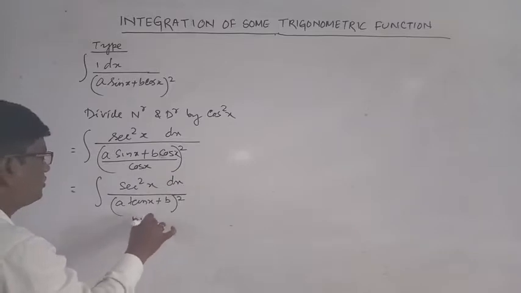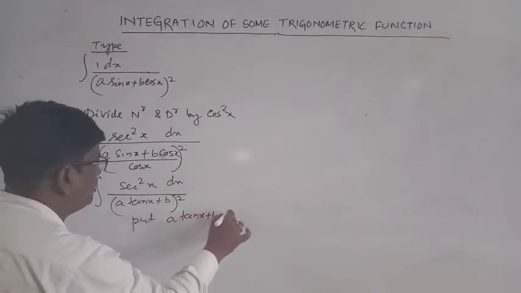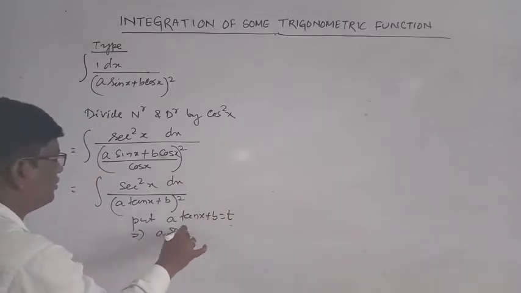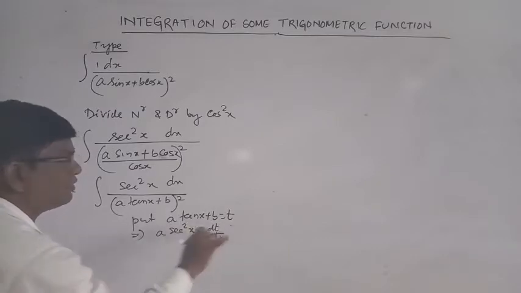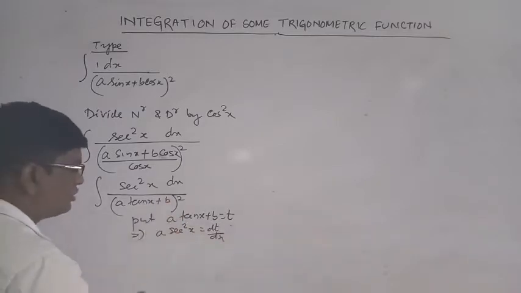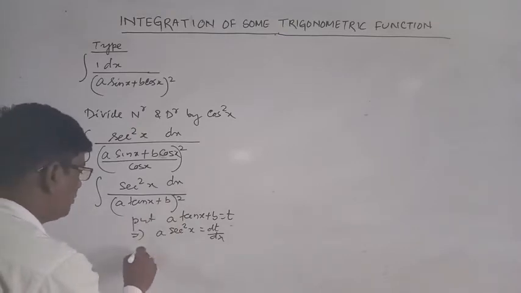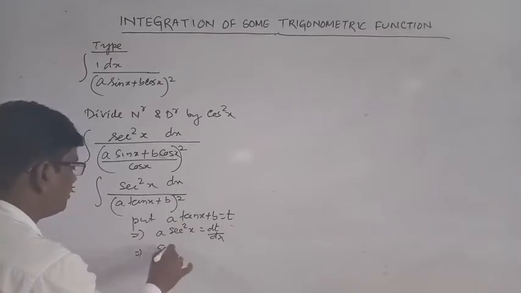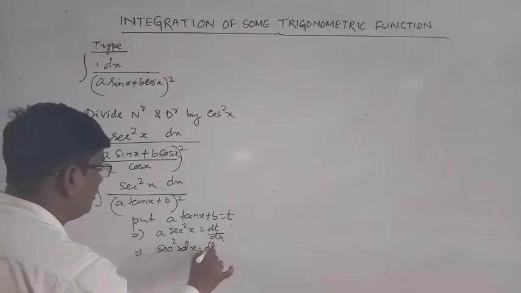Now put a tan x plus b equal to t, that implies a into sec square x is equal to dt by dx. Clear? So sec square x dx is equal to dt by a.